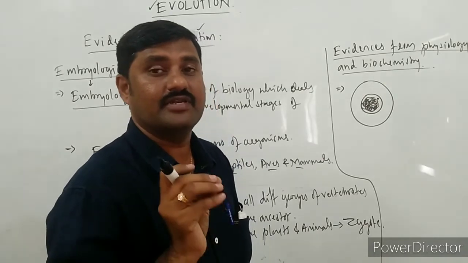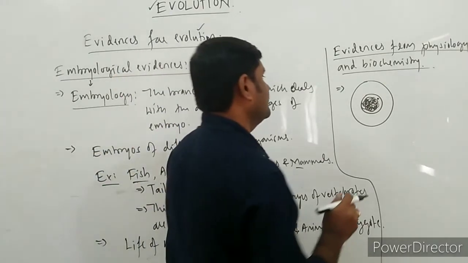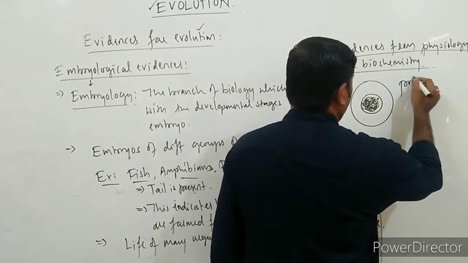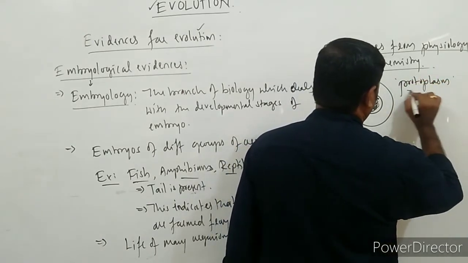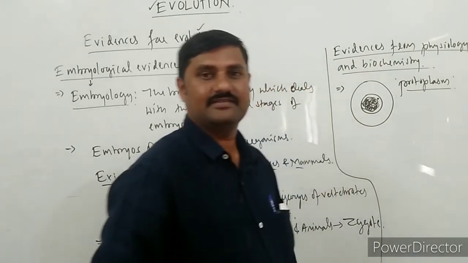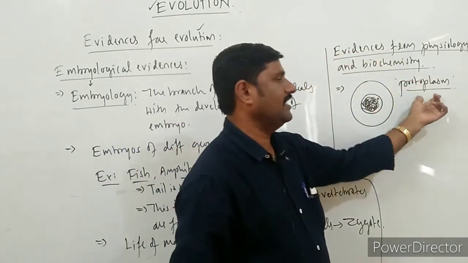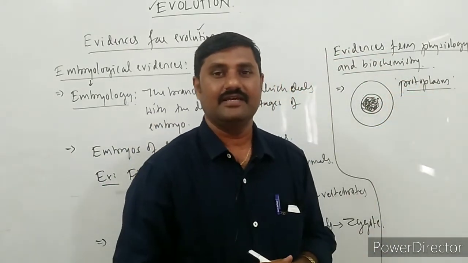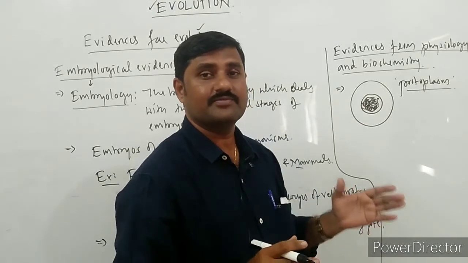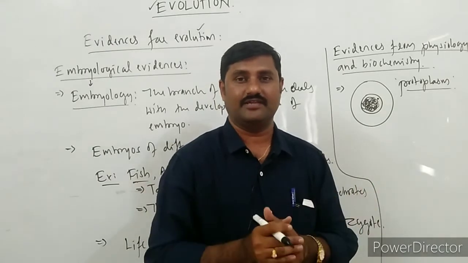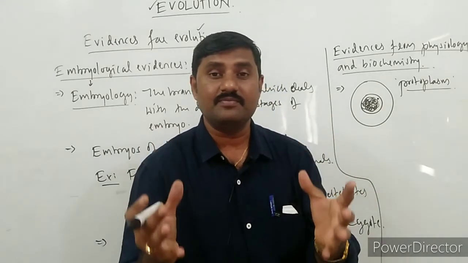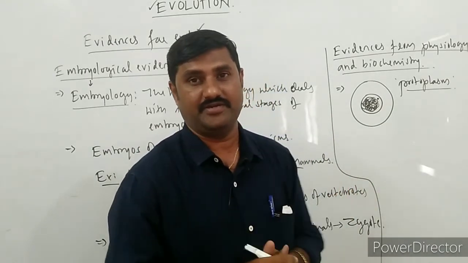So you might have learned about the protoplasm. What is that? Protoplasm or protoplast you may call. This is the living nature of the cell. The protoplasm is present in different cells, and different groups of organisms have the same type of chemical components.